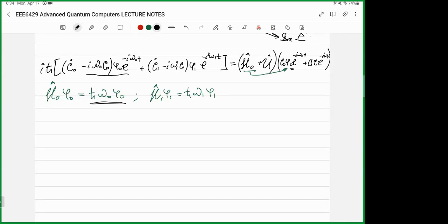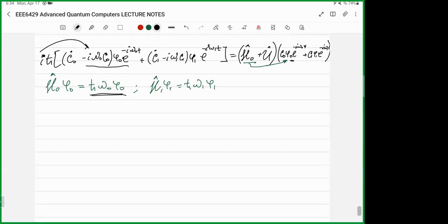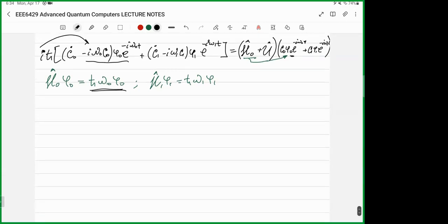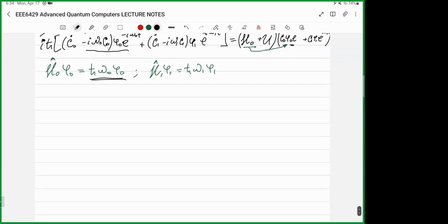So if I multiply by this imaginary unit and also h bar, I will get plus h bar omega 0 c sub 0 phi sub 0 e to the power of minus i omega 0 t. So these two terms will cancel out on both sides, and my equation will be significantly simplified.